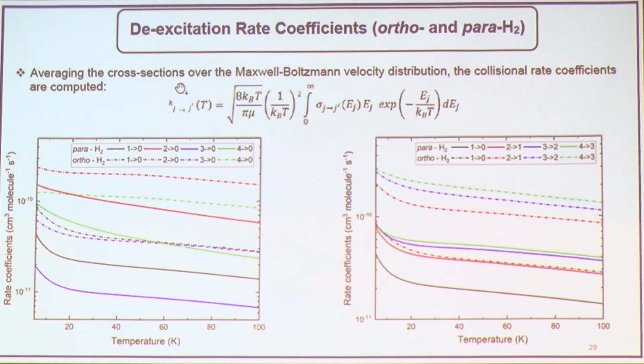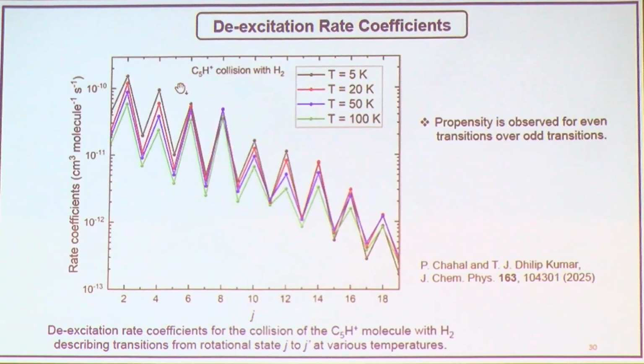The rate constants we obtained are shown here. We have calculated up to 100 Kelvin. This is about the de-excitation rate coefficients for ortho and para hydrogen systems. One thing to notice in C5H+ collision with the H2 molecule at different temperatures, we plotted it as a function of J. You can see that, as I said, the C5H+ system has both odd and even J values.